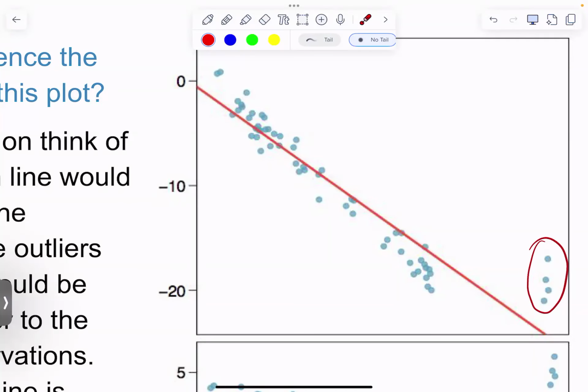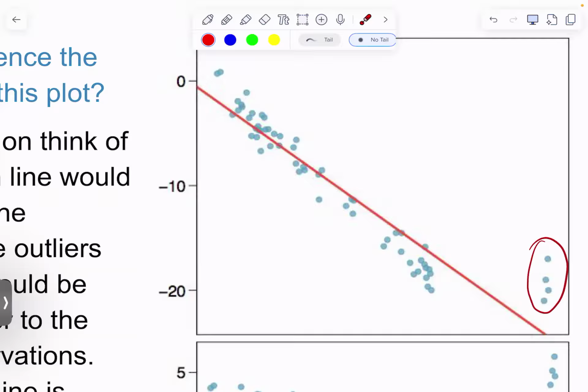Remember how the line is built? It's trying to minimize the distance from all the points to the line. So it's working overtime trying to capture these guys, but most of my data looks like this, and that's probably what I should be modeling. Maybe I should remove these and model them separately because clearly they're from some other phenomenon.